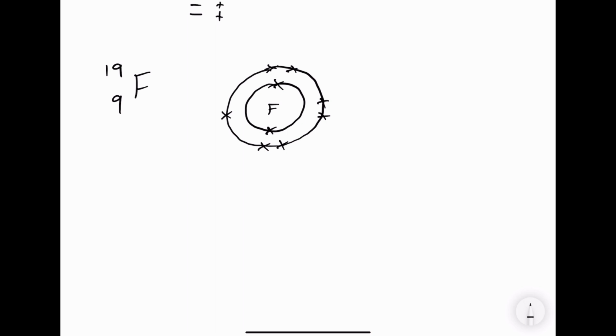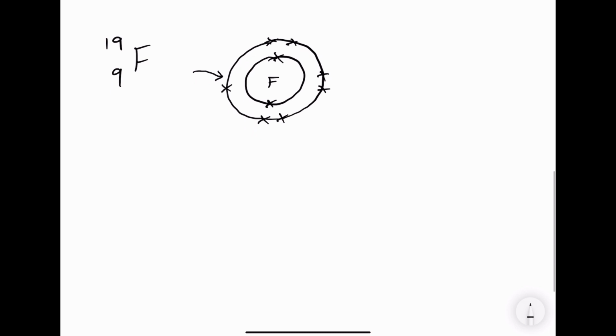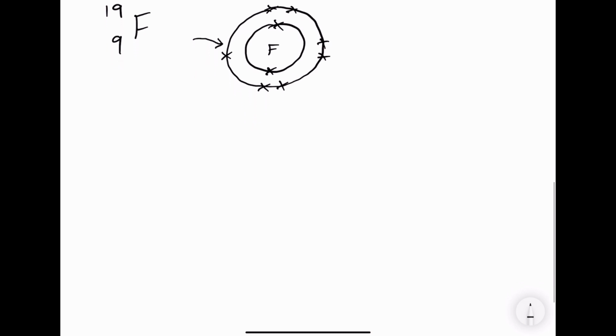Now fluorine wants to gain an electron to fill its outer shell. Now that electron does come from somewhere, it's not created, law of conservation of mass.